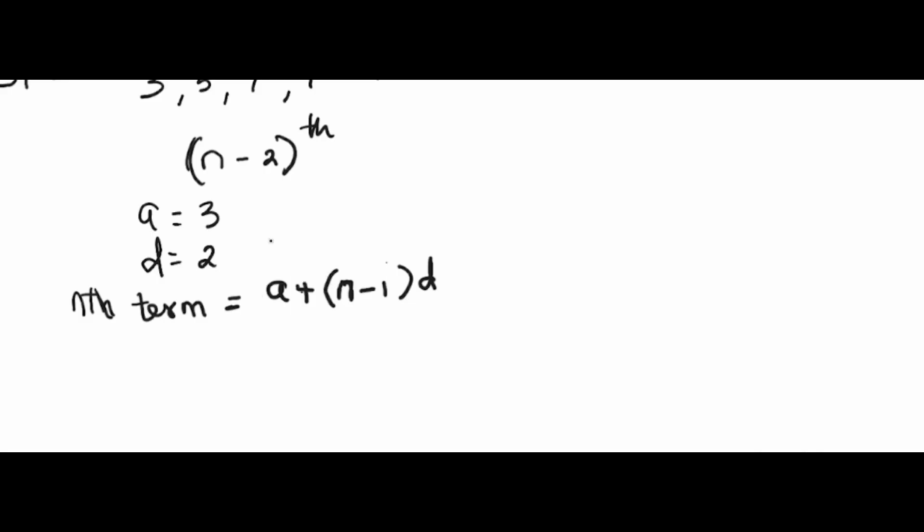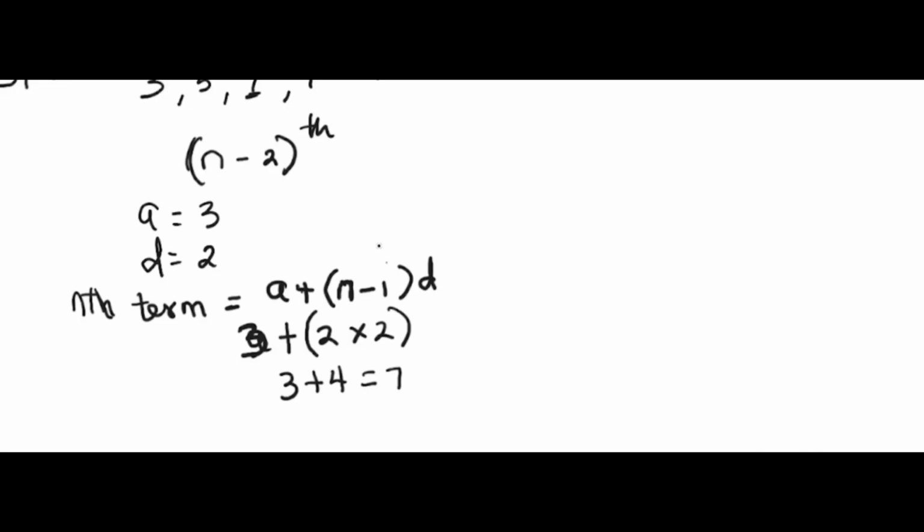So now how did we get 7? You know 7 is the third term here, right? Okay, so that is A plus 3 minus 1 will give us 2. What's the difference? The difference is 2, right? So we have 3 plus 4, and that is 7. Okay, so for any nth term of this sequence, we have it to be A plus n minus 1 times d.